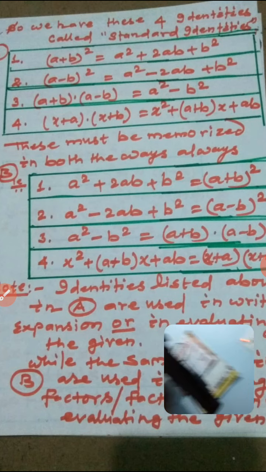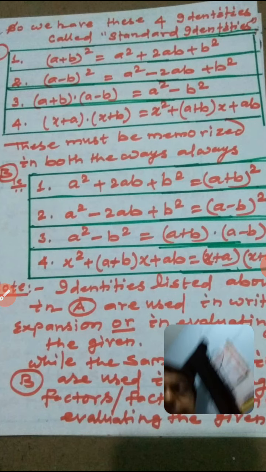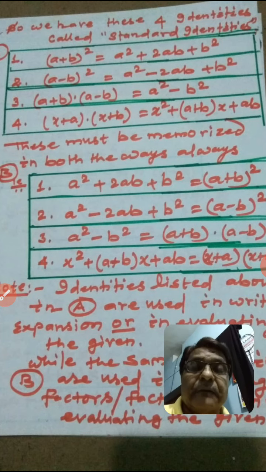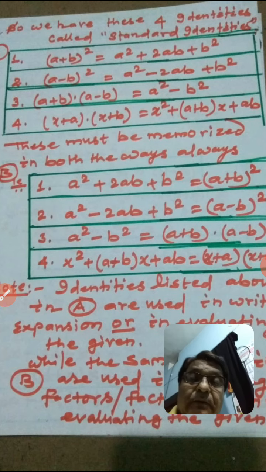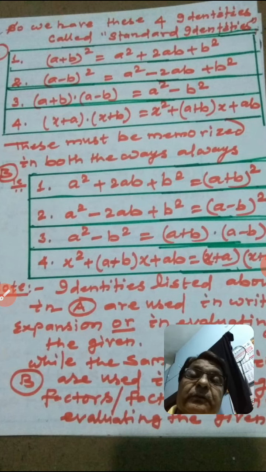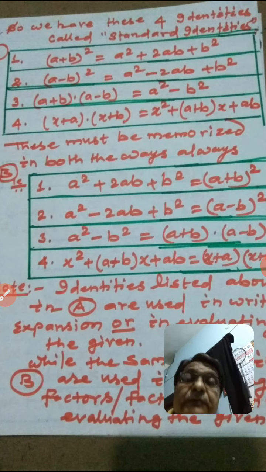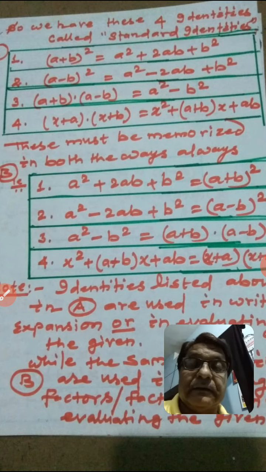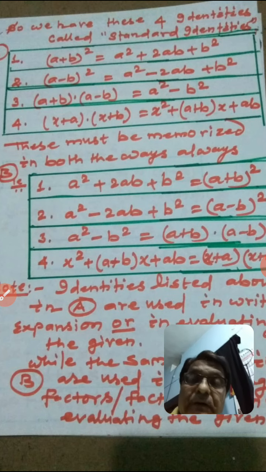Why is it needed to memorize in both ways? Because our applications of these identities are from both sides. Some questions are solved by using one type of identities, whereas other questions, when we do factorizing, that is factorization, use these identities in reverse order.